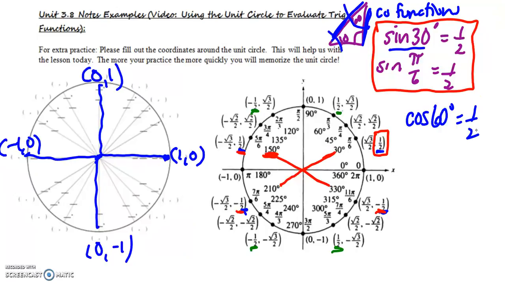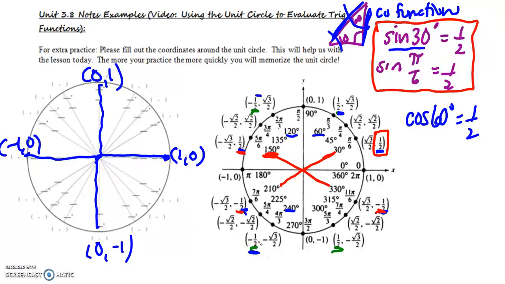And check this out. If you look at the 60, is the 1/2 in the x position like it should be because it's cosine? Yes, it is. If you look at 60, 120 is a multiple of 60. Is there a 1/2 in the x position? Yes. What else is a multiple of 60? Going to be 240. Is there a 1/2 in the x value?